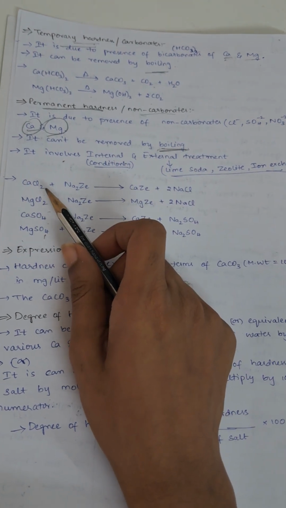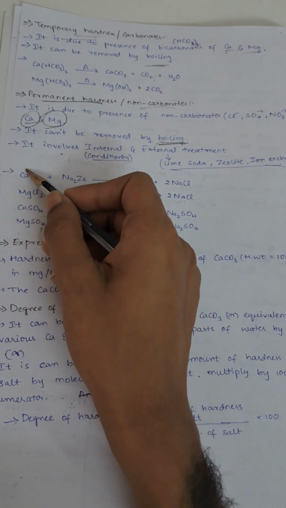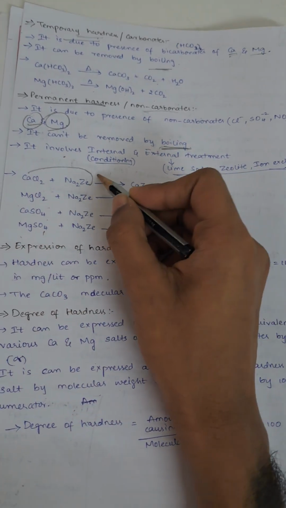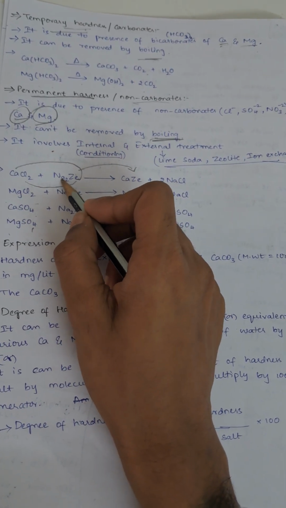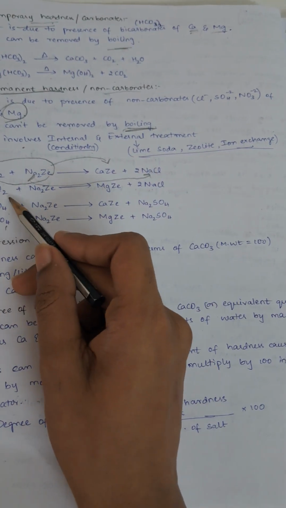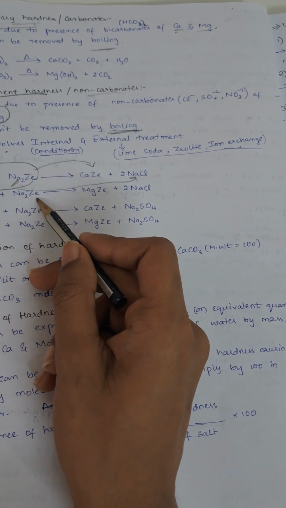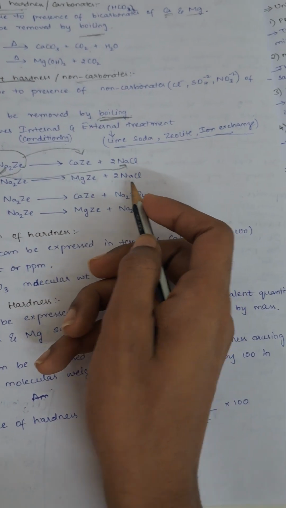Now this calcium chloride, which is hard water, when you react it with sodium zeolite, you will get calcium zeolite and sodium chloride. Magnesium chloride with sodium zeolite gives magnesium zeolite with sodium chloride salt.